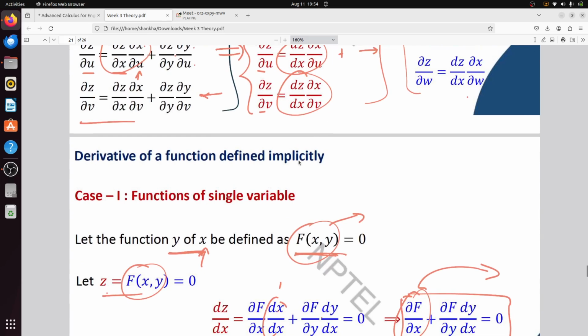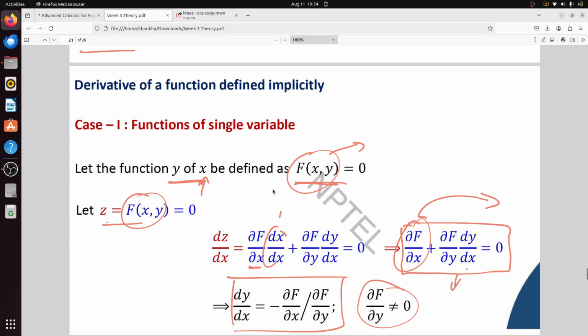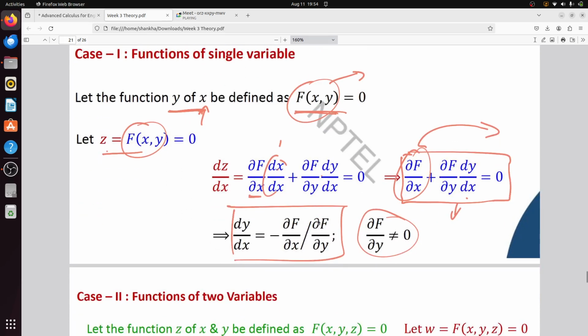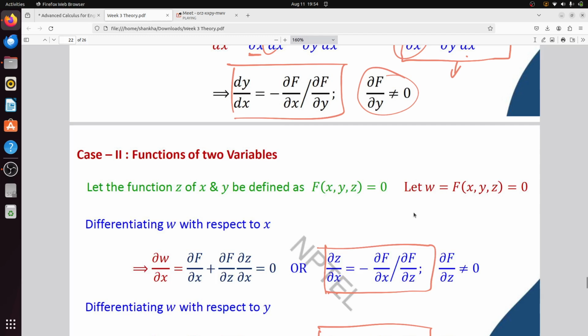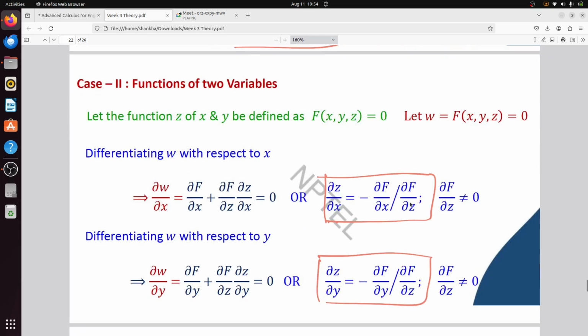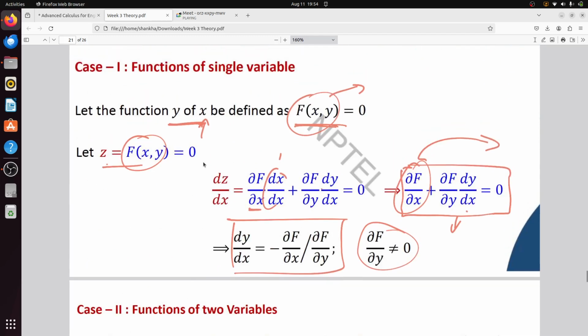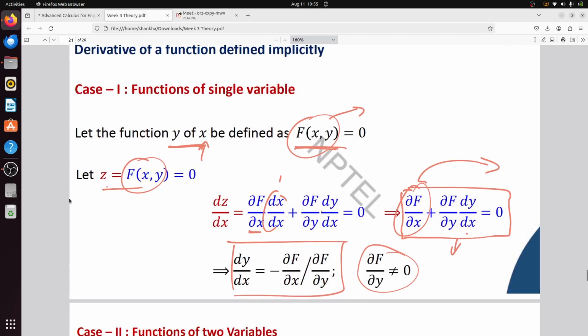Now derivative of a function defined implicitly, I have also discussed these problems, right? f(x,y) equals 0, function of two variables. If f(x,y) equals 0, you take dz dx equal to del f del x, dx dx will be just 1, plus del f del y into dy dx, that is how you can determine dy dx equal to minus del f del x by del f del y.